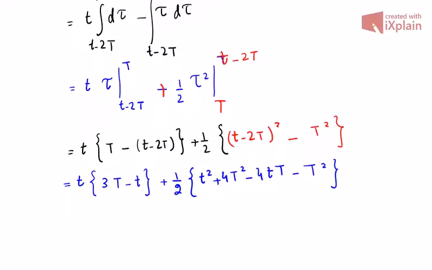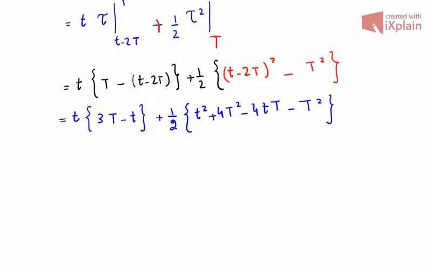Okay, and this is 3 times t capital T minus t square. Then from here we have half, and this can be simplified inside first. So we have t square plus 4T square minus, see this one, like terms, collect the like terms.